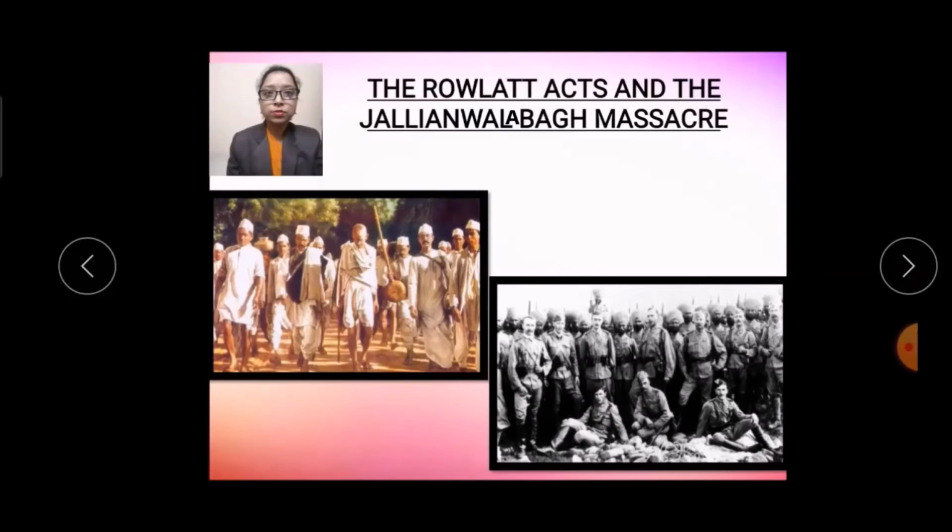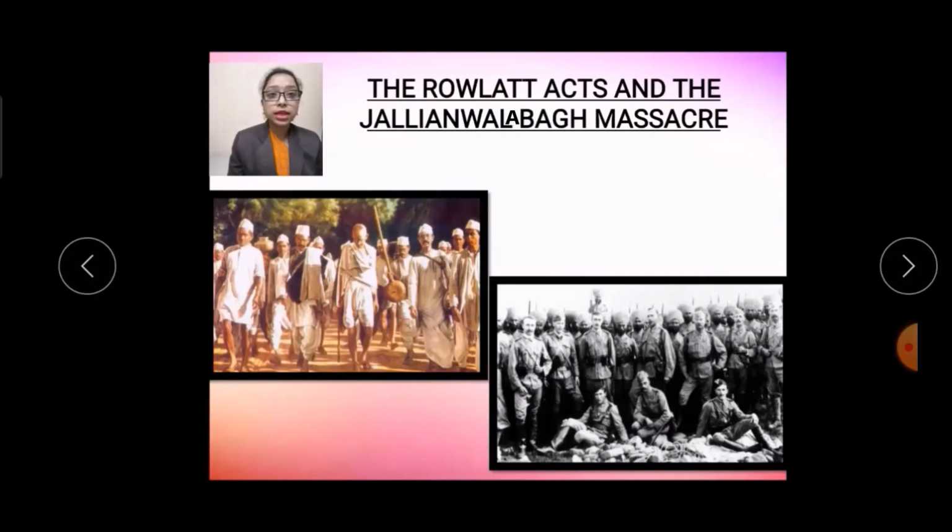Now let's see next, children. This is our next topic, the Rowlatt Acts and the Jallianwala Bagh massacre. You have studied that after World War I ended, the British became harsher towards Indians. And you know that the British imposed fresh taxes and passed new laws, and this was the time when Gandhiji launched his Satyagraha movement in India.